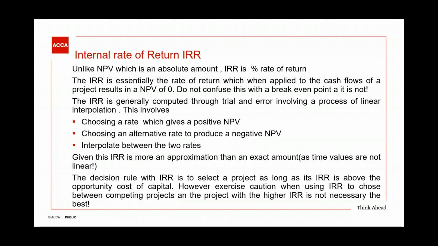So an IRR of 10% on 100 million and an IRR of 10% on 50 million are two different absolute values. That's why I think the IRR is a little confusing, because NPV is an absolute measure, while IRR is a relative measure.